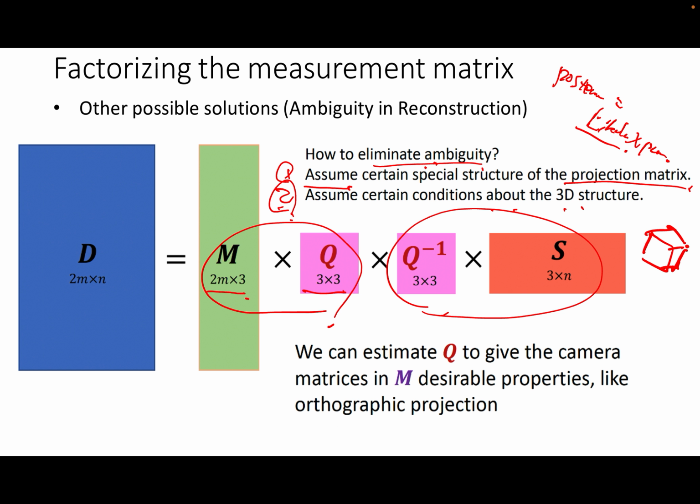Or let's say we know this 3D structure is from a mobile phone or a bottle, then we have some prior knowledge of the mobile phone or bottle, so that we can use such a certain assumption of the structure. That is the other way to eliminate ambiguity.